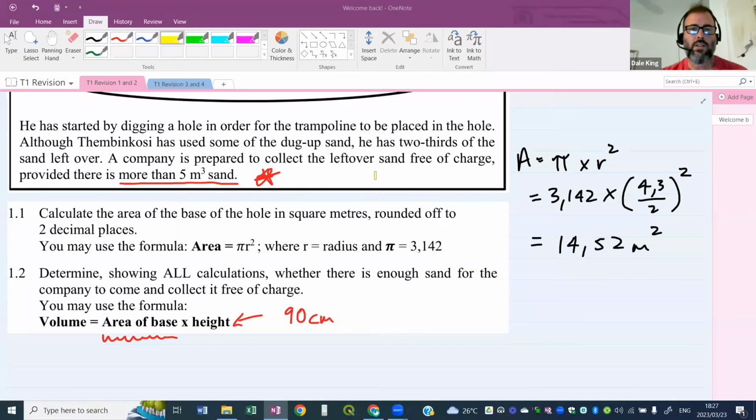Just remember now that this person used 1/3 for himself, and it's the 2/3 that he is worried about. Are they able to come and collect the 2/3 of the volume of this hole? He used 1/3. He has 2/3 of sand left over, and that's what he needs to check.